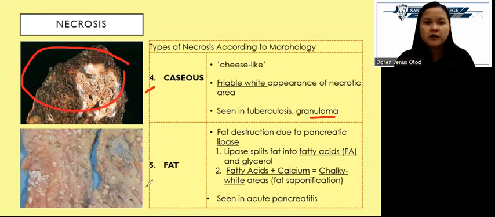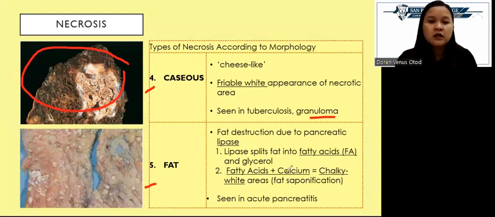And the fifth one is fat necrosis. So, fat destruction due to pancreatic lipase. So, the pancreatic lipase, class, is released into the surrounding tissues. Therefore, it will split the neutral fats into fatty acids and glycerol without affecting the cell membrane.